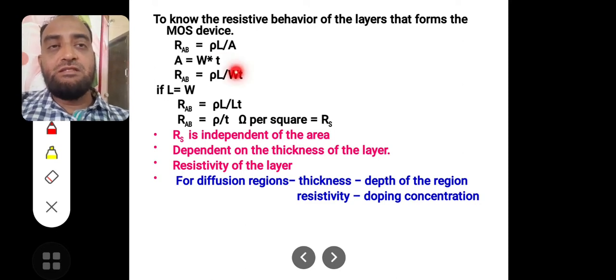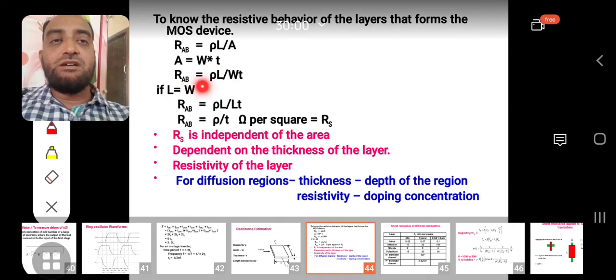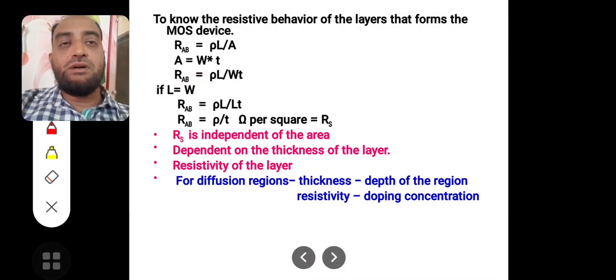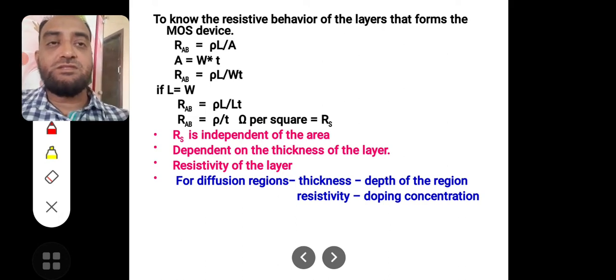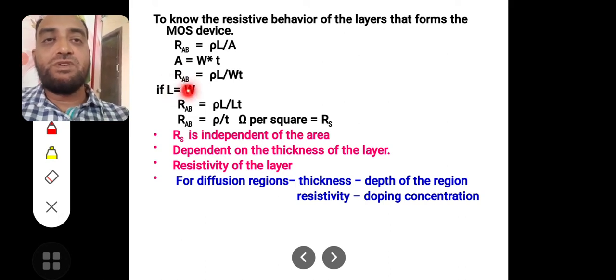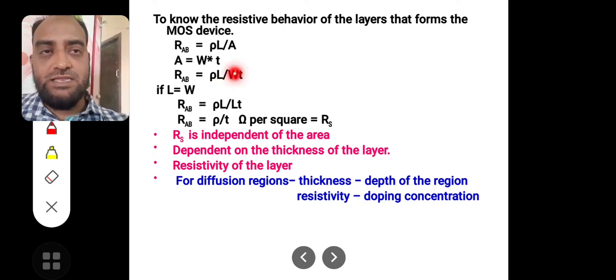For any material which is in square shape, we have L equal to W. If L is equal to W, then R is equal to rho by T per square, because this is a square, we have made them equal and both got cancelled.